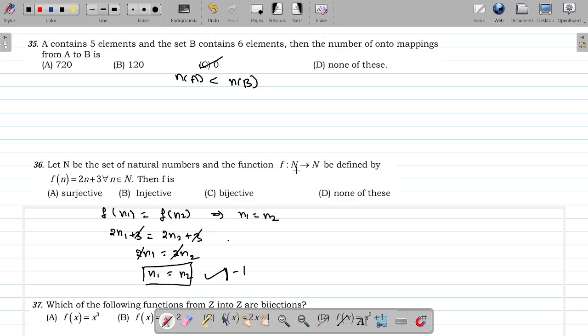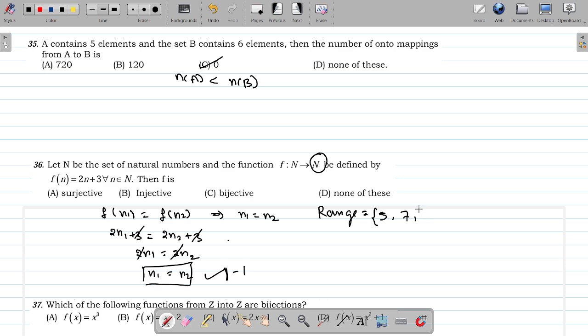Surjective means, here see, it is N to N. Observe the codomain. Codomain is N, meaning all the elements in the codomain must have a preimage. If I write the range of this function, when you put n equal to 1, it is 5. Okay, when you put n equal to 2, it is 7.